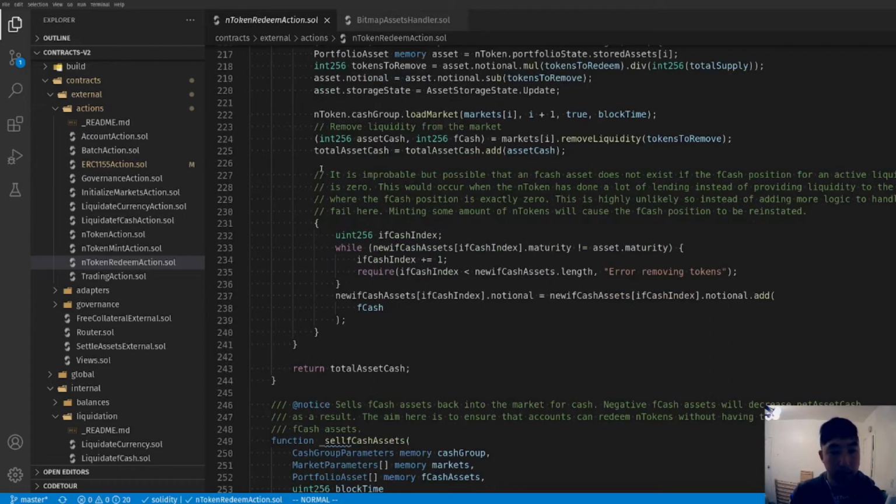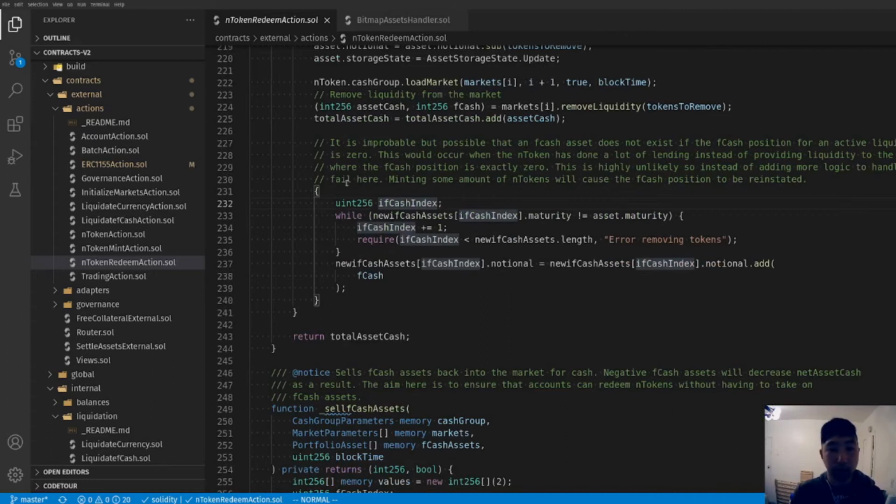Now there's an edge case where the net Fcash position is exactly 0. This is highly unlikely, so what we're going to do is simply fail on this.